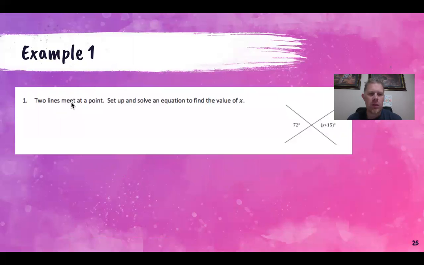Two lines meet at a point. Set up and solve an equation to find the value of x. Well, we know two lines meet at a point.